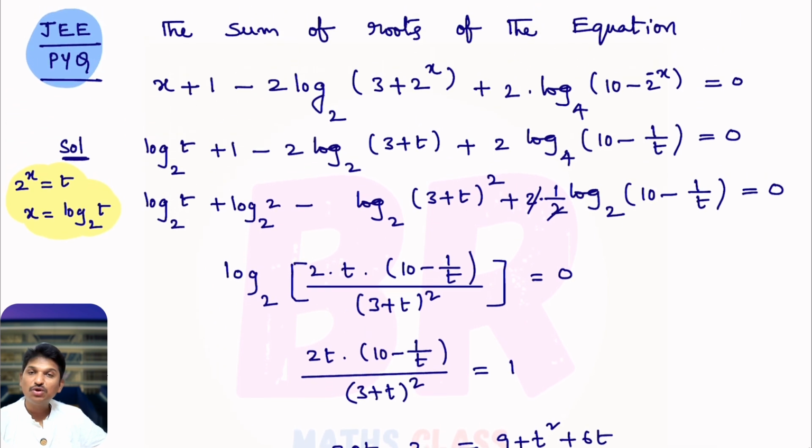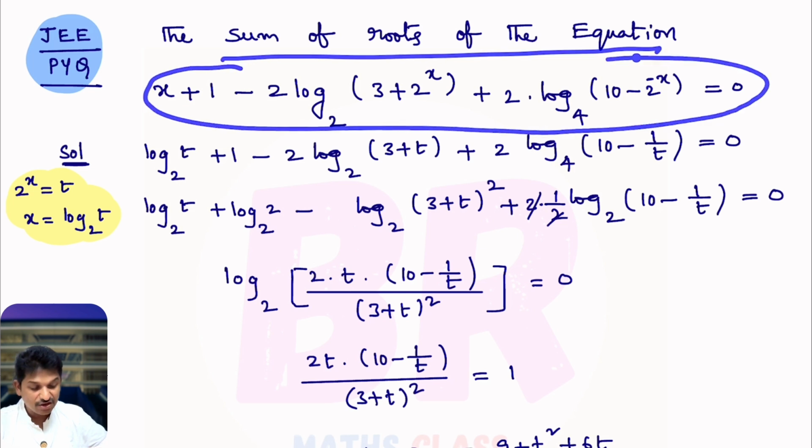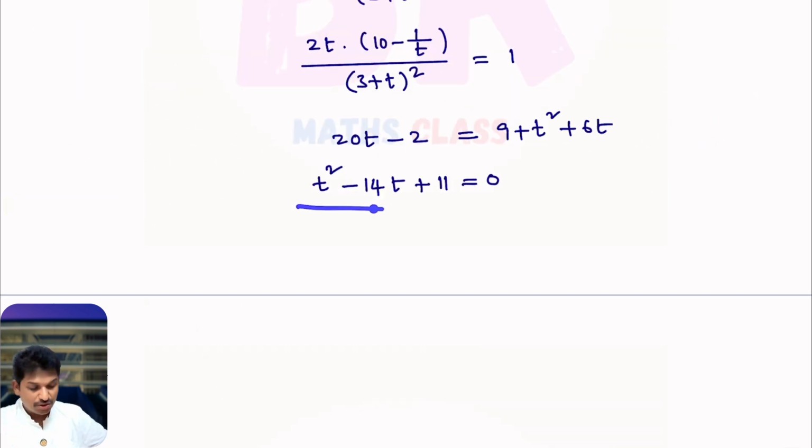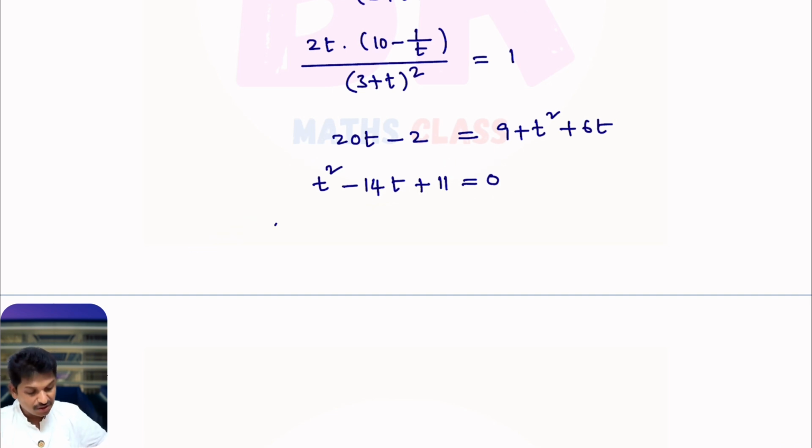Actually, in the question what they are asking is the sum of roots of the equation. This equation is completely in terms of x. That means when you calculate this, you will get x values. Those x value roots you need to find. This is a quadratic equation in terms of t. Sum of roots formula is what? These things we will learn in theory of equations in the coming videos.